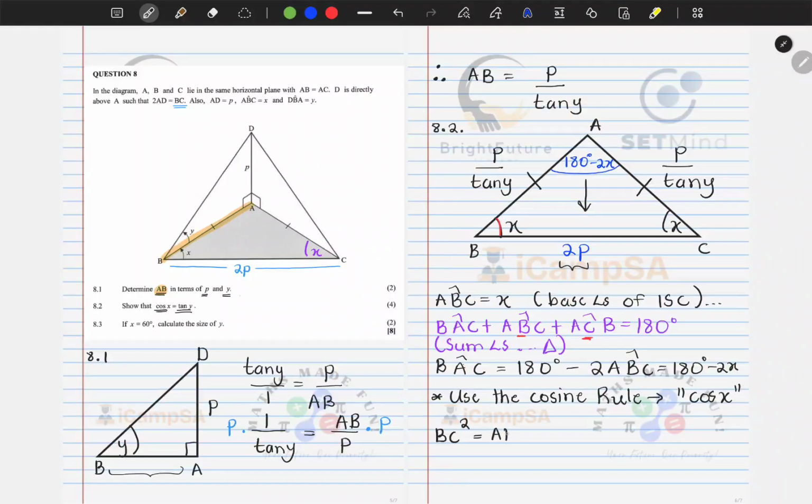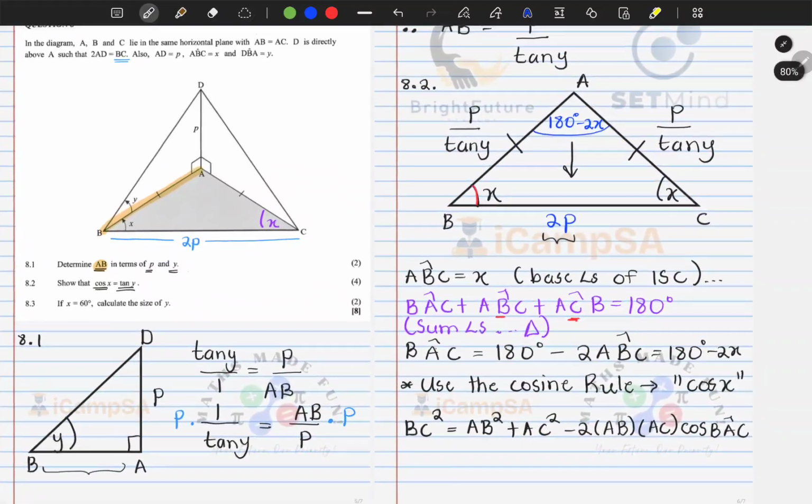So it's going to be AB squared plus AC squared, then minus 2 times AB times AC, and then cos of, according to what we have here, angle BAC, okay? That is what we are going to be having.